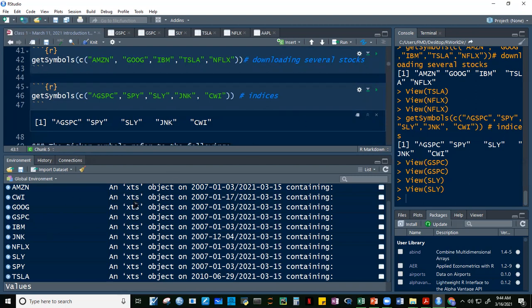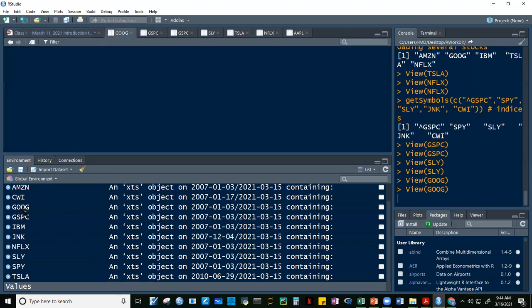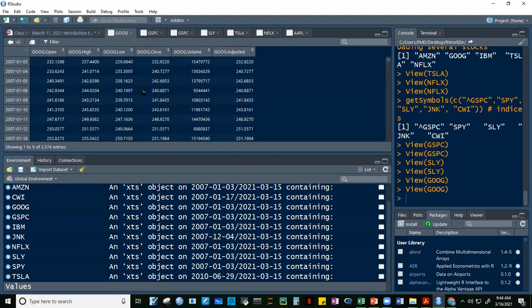Pakiresearch, and then you'll have these objects here. Ibig sabihin, these are already available. Okay? If you click any of this, for example, as I mentioned a while ago, if you click, let's see, click Google, it will generate here that object that we downloaded using Quantmod from Yahoo. No?